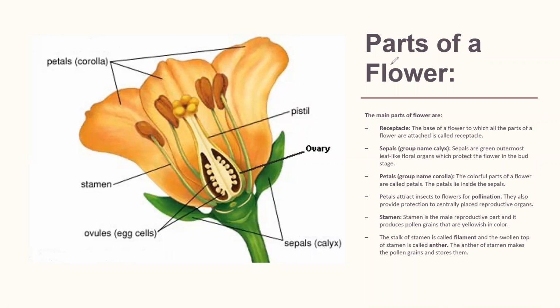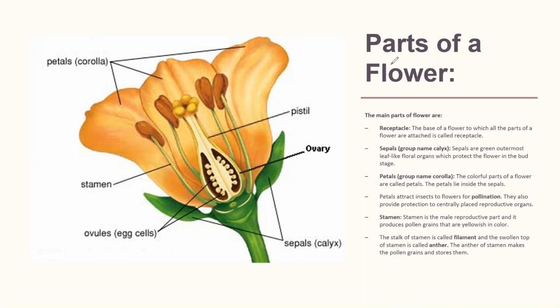Parts of flower. The main parts of a flower are receptacle, sepal, petals, stamen, and pistil. Receptacle is the base of a flower to which all the parts of the flower are attached. Sepals are green in color, the outermost leaf-like structure, a floral organ.